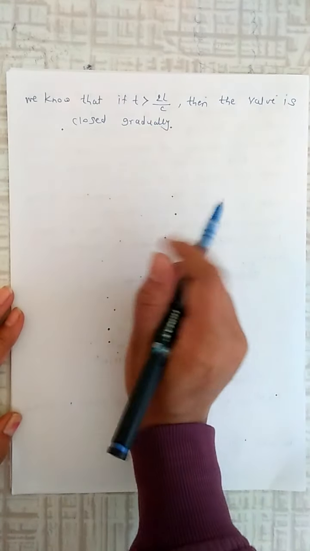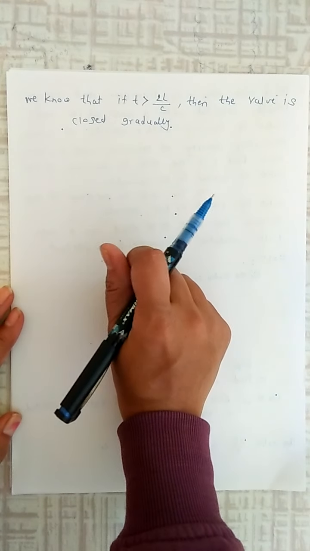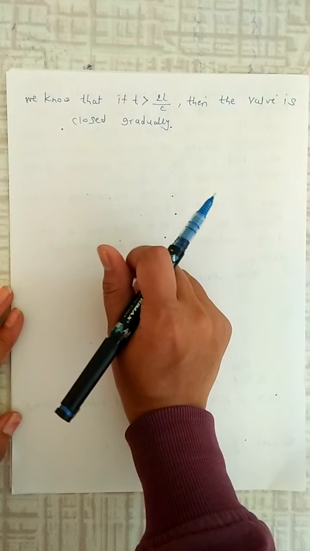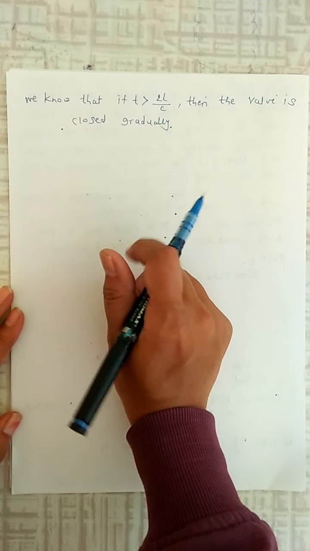Okay, after calculation we get the answer for the ratio 2L upon C as 4, which is less than the time 20 seconds.